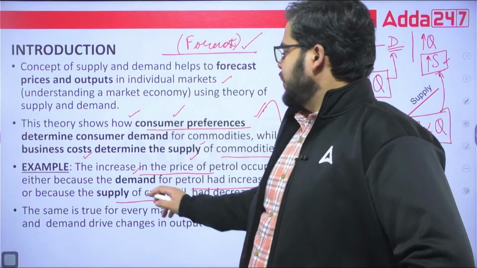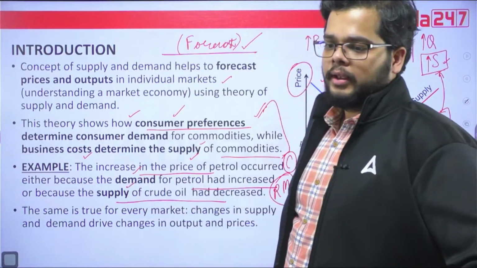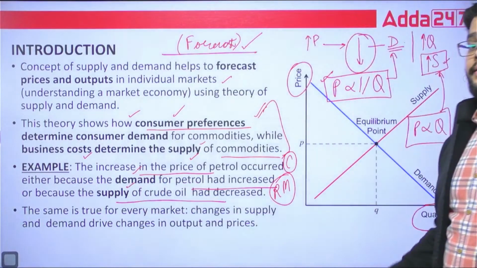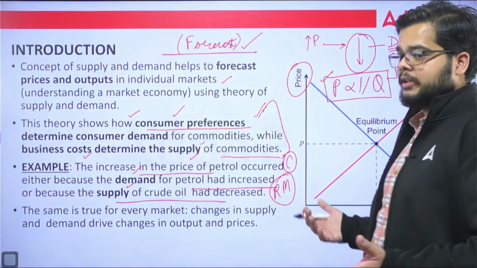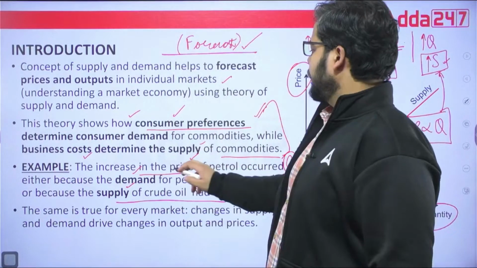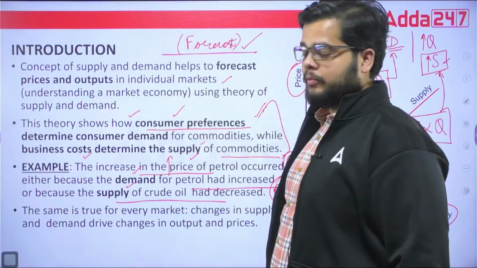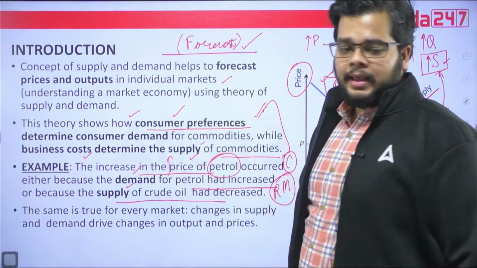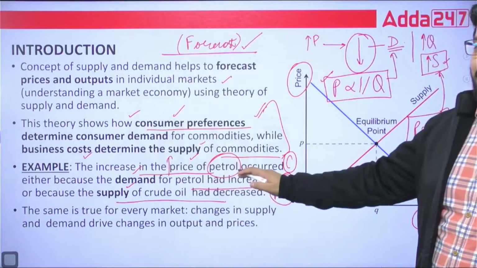Or the second thing would be that the supply of crude oil is not there, so raw material is not there, how will they manufacture the finished product? So in both cases you will see prices of petrol will rise. Instead of petrol, you can imagine any commodity, it will definitely fit in here.